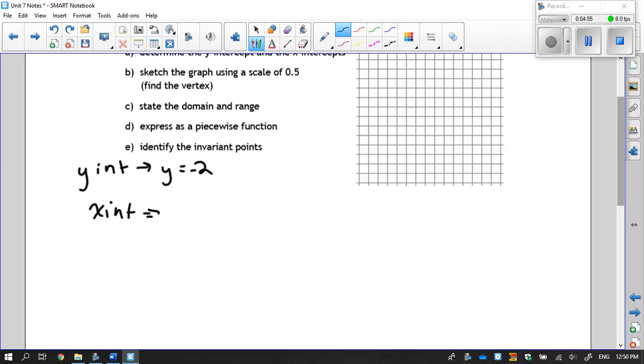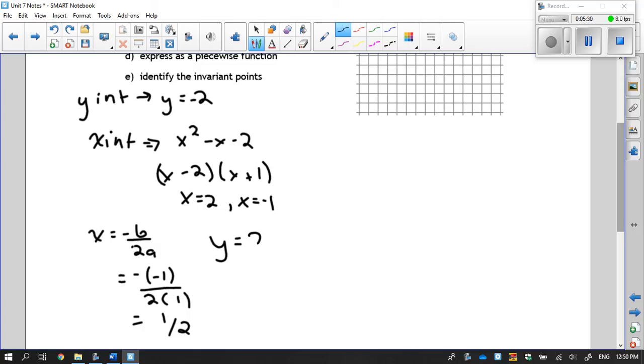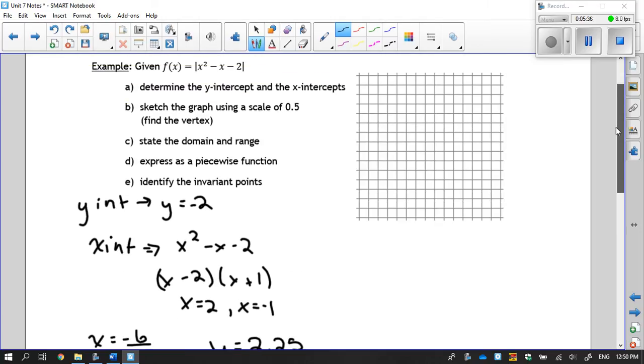Our x-intercept, and then our vertex. And then when we plug it in for y, we get 2.25. And then let's graph. And I have a suggestion here for you guys to use a scale of 0.5.